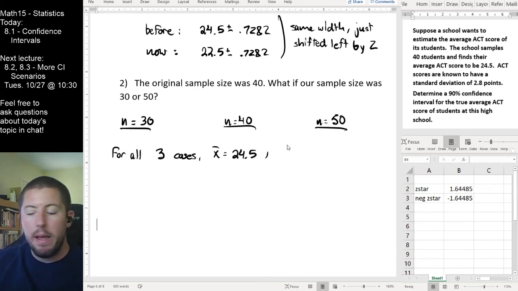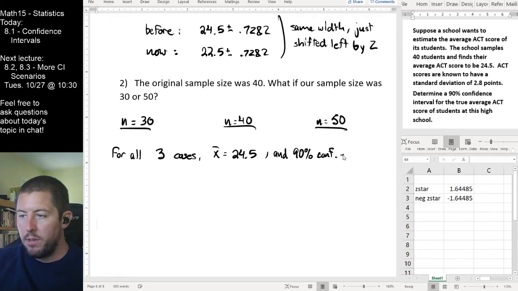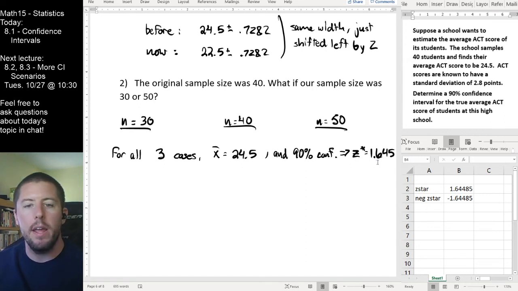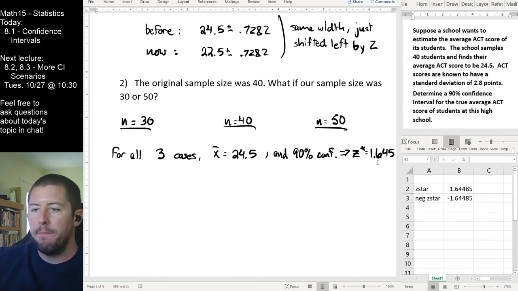I also didn't change my level of confidence. 95% confidence still means that my z star value of interest is 1.645. That hasn't changed either, although we are going to change both of those things coming up.